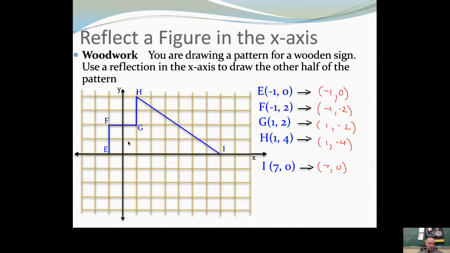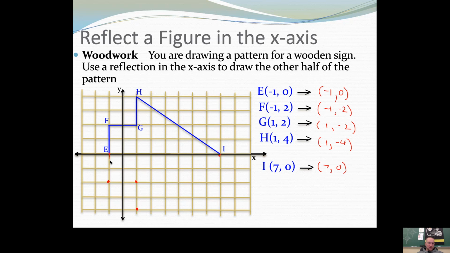So negative 1, 0 lives right here. Negative 1, 2, negative 1, negative 2 lives here. Positive 1, negative 2 is here. Positive 1, negative 4, and then 7, 0.